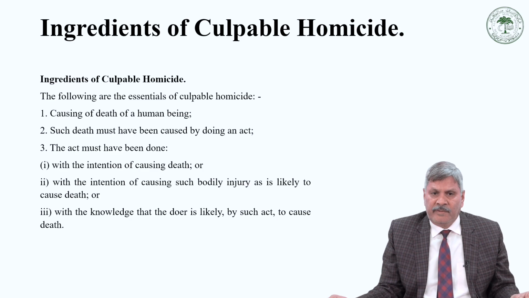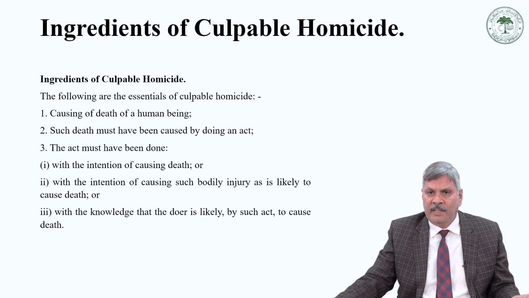If the connection between the act and death is obscure, or if it is obscured by concurrent causes, or if it is broken by the intervening of subsequent causes, or if the time gap between the act and the death is too long, the above condition is not fulfilled.